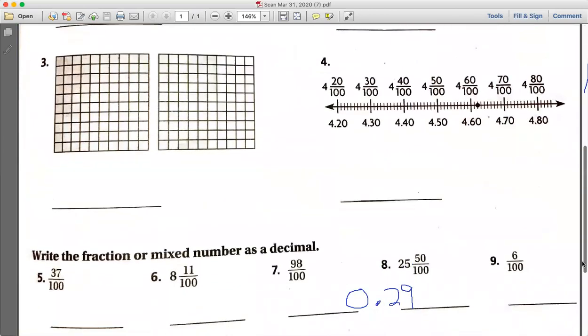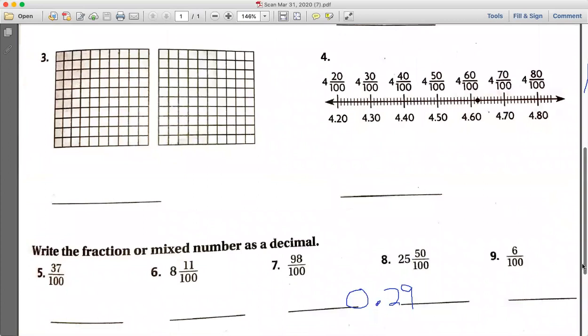How far am I going to move up here? Okay. So let me clear this. Clear drawings. Okay, so this you can't see very well, but it was shaded in a whole and then 54 hundredths.